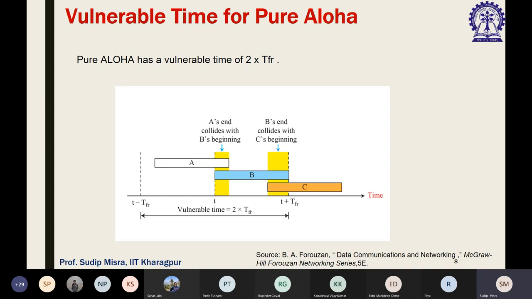So this vulnerable time is TFR plus TFR, it is 2 TFR. This is how you calculate the vulnerable window for pure Aloha.